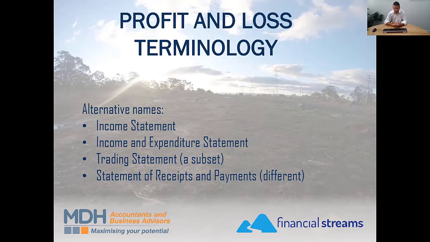To me, a trading statement is really a subset of your profit and loss. It tends to pick up to your gross profit section, so your sales less your cost of sales. Another term sometimes used with not-for-profit organisations is a statement of receipts and payments. That's different. That's more of a hybrid that you typically see in smaller organisations or not-for-profits. That's conceptually more like a cash flow summary.